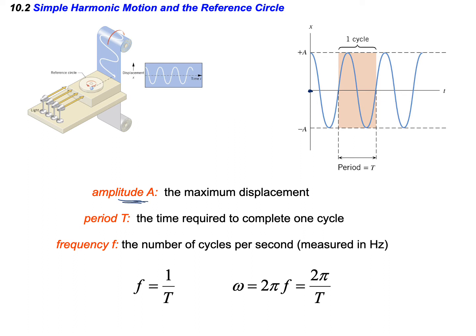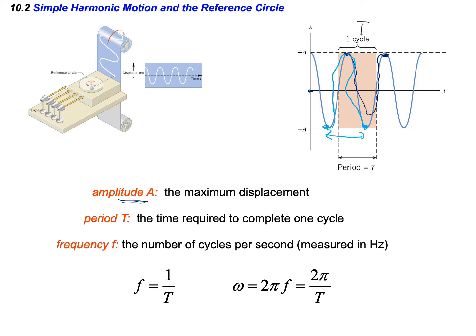The time required for one cycle, from here to here, we consider one cycle. We call it the period. It depends on where you start measuring. If you start measuring from the bottom to the next bottom, that is one period.